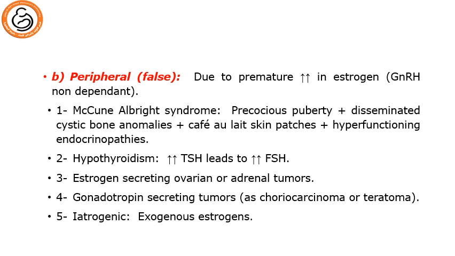Many causes, including McCune-Albright syndrome, precocious puberty plus disseminated cystic bone abnormalities and cafe au lait skin patches, hyperfunction endocrinopathies, hypothyroidism, which increases TSH with increased FSH, estrogen-secreting ovarian or adrenal tumors, gonadotropin-secreting tumors such as choriocarcinoma or teratoma, and iatrogenic by giving exogenous estrogen. This will increase the level of estrogen, and so it is non-dependent on gonadotropin-releasing hormone.